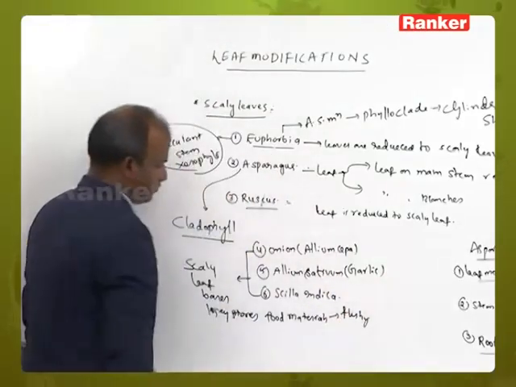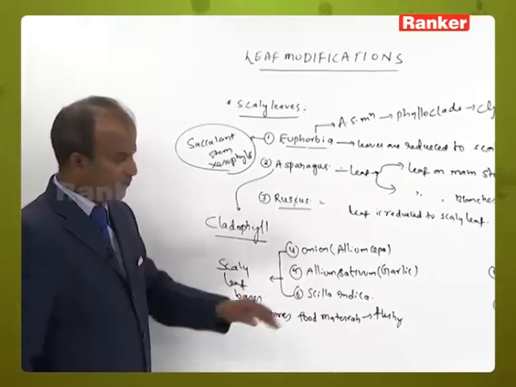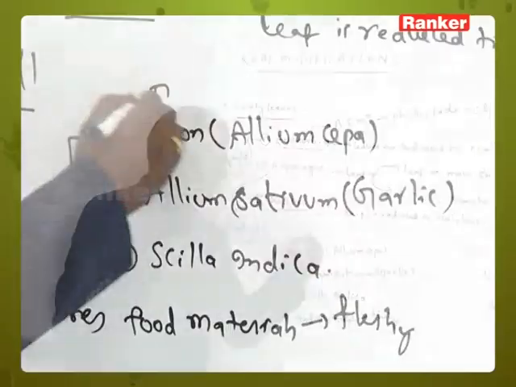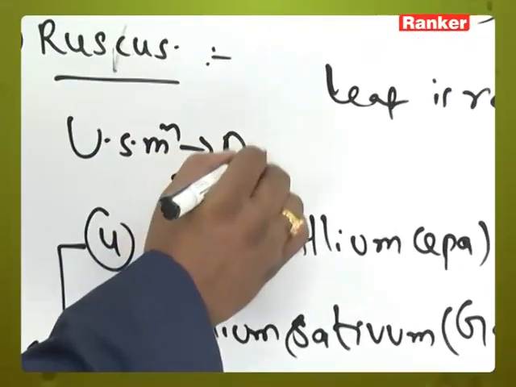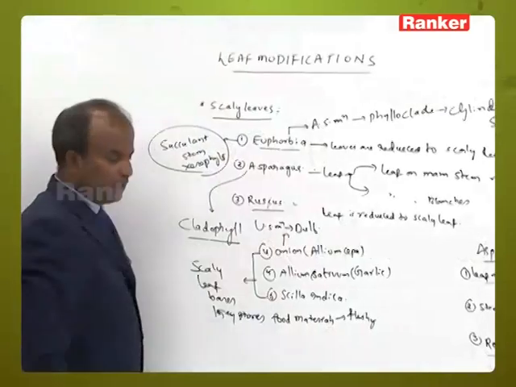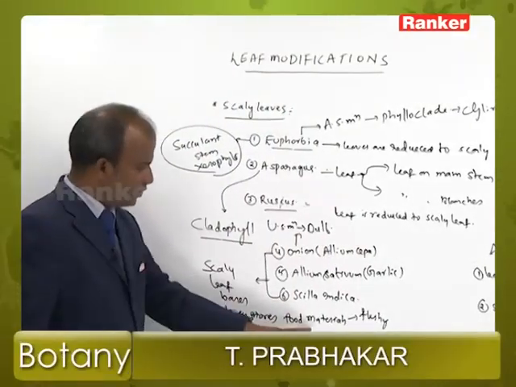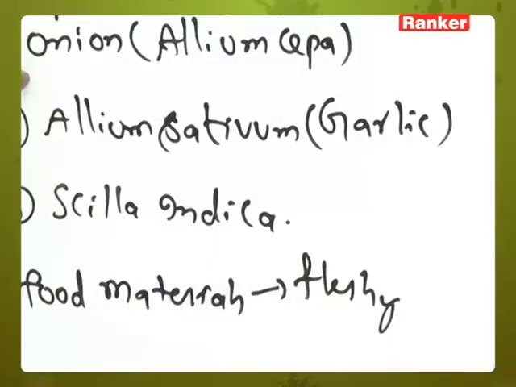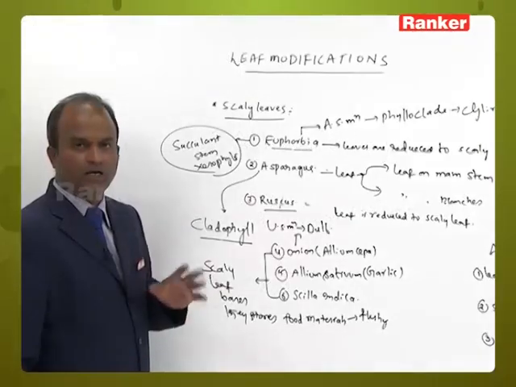This happens in onion, Allium sativum and Scilla indica, in the underground stem modification that is the bulb. In this bulb, scaly leaf bases store food materials and become fleshy, in these three plants: onion, Allium sativum and Scilla indica.